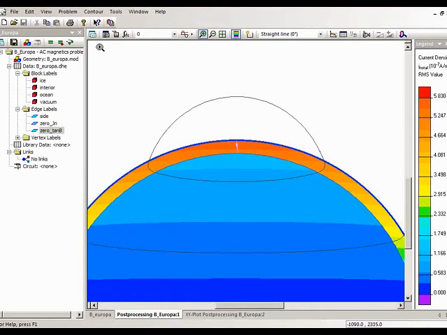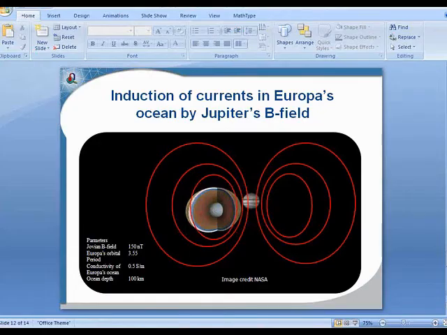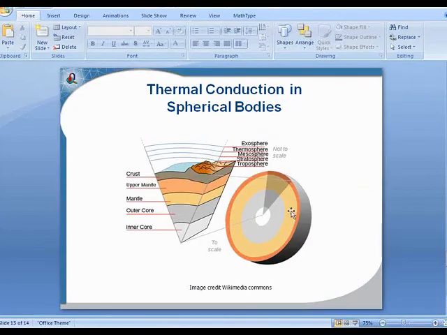The final simulation, I want to look at thermal conduction in spherical bodies, for example, the Earth or Europa, or if we have something like an asteroid that's differentiated, we don't have to actually mesh the entire spherical region. We can actually look at a wedge of that and save computation space.